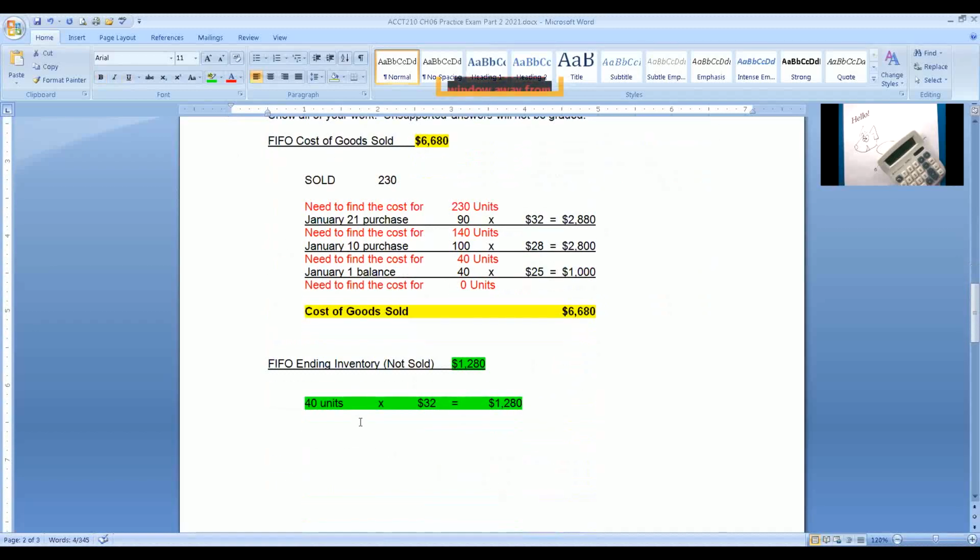Ending inventory will be 40 units at, actually, let's see right here, 25.